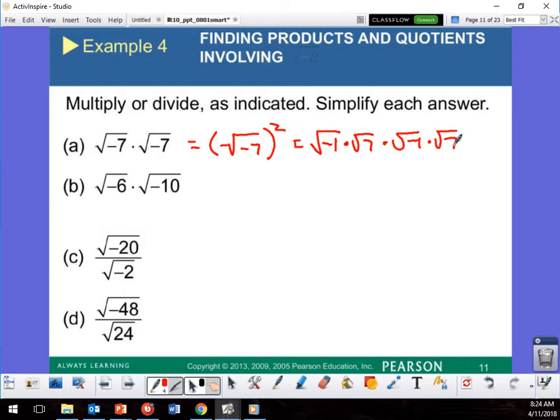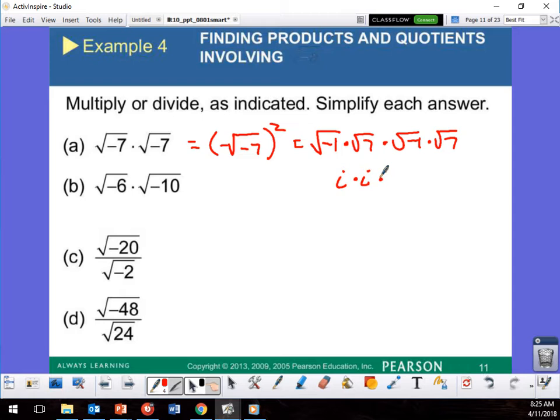I have square root of negative 1 times square root of negative 1, right? So that's going to give me what? That's negative 1, because isn't this i and i, right? i times i, yes?